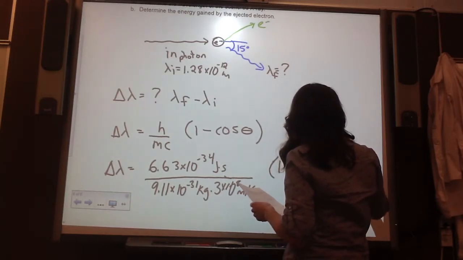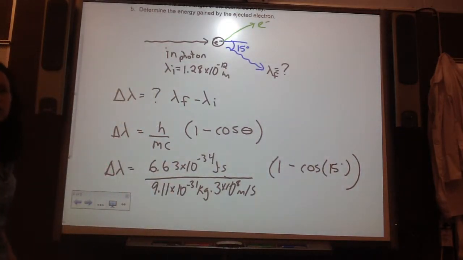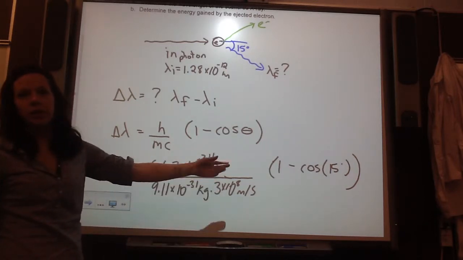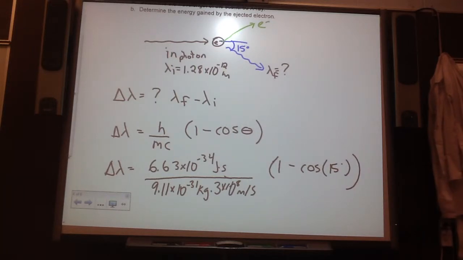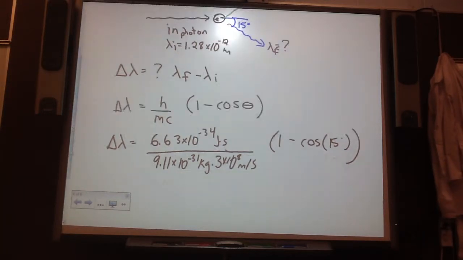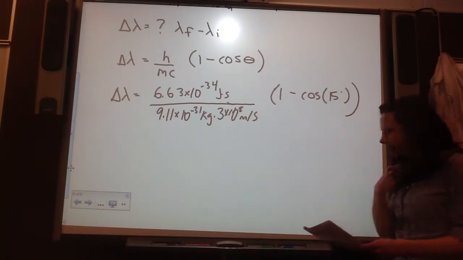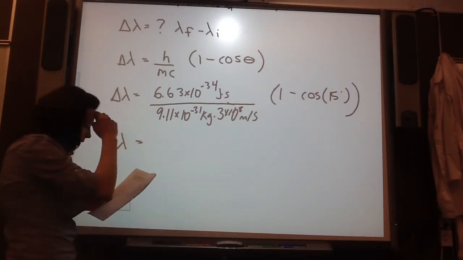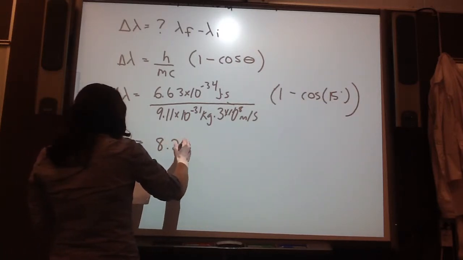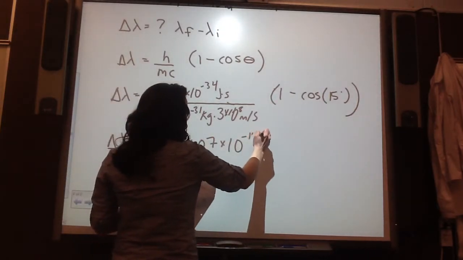If you put this all in at once, use lots of brackets. I would calculate this and press enter and then multiply by that, but if you use enough brackets, you don't need to do that. So the change in wavelength should be 8.26607 times 10 to the negative 14 meters.